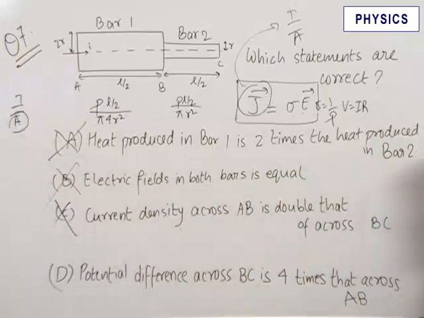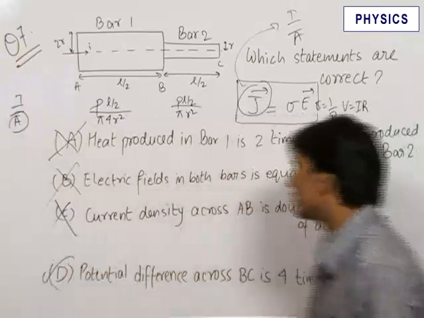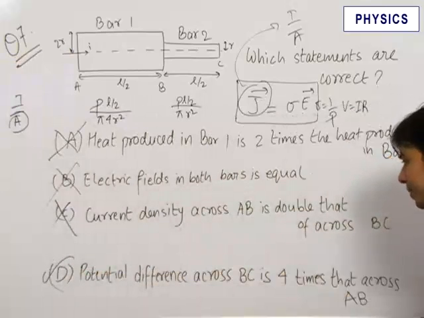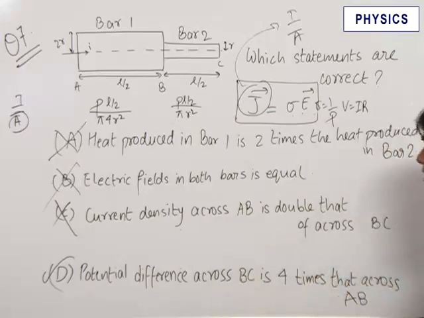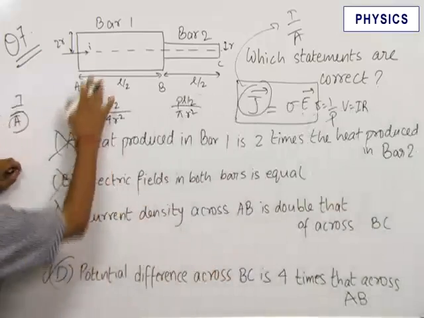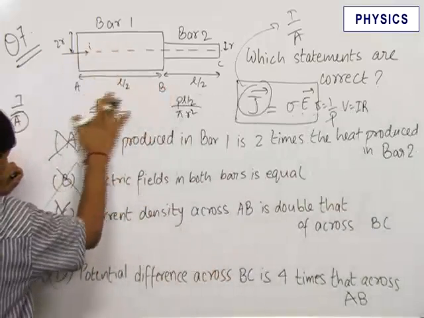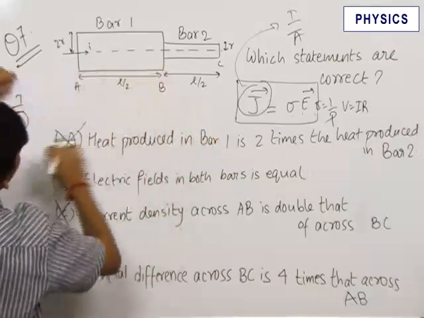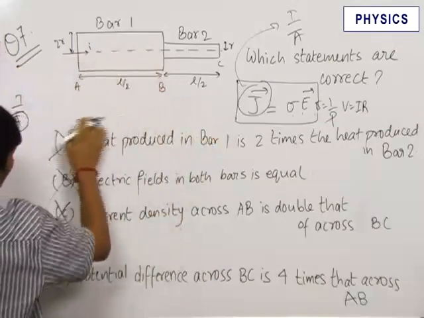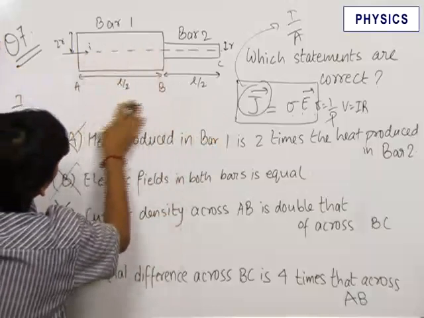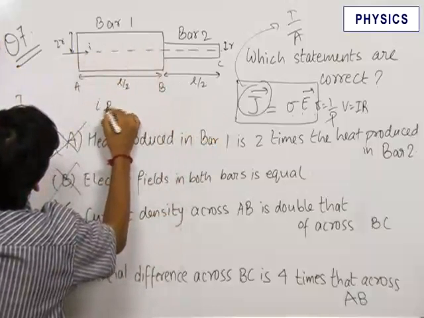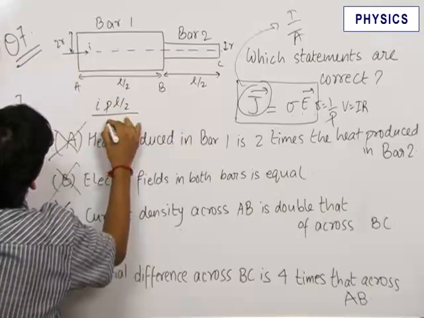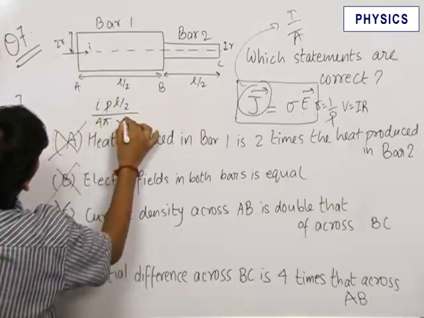Now the D part. Since these three are wrong, therefore D has to be right. But still let us check it. Potential difference across BC is 4 times that across AB. So let us find out the potential difference across AB and across BC. The potential difference across AB will be equal to I into R, where R is the resistance, that is I into rho L by 2 upon pi into 4R square.